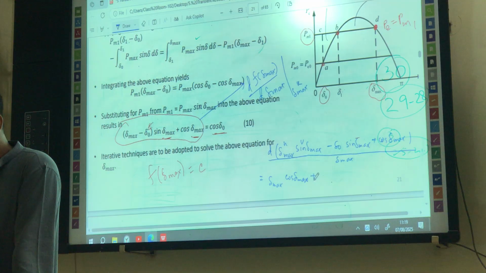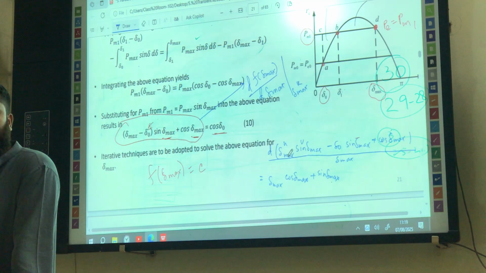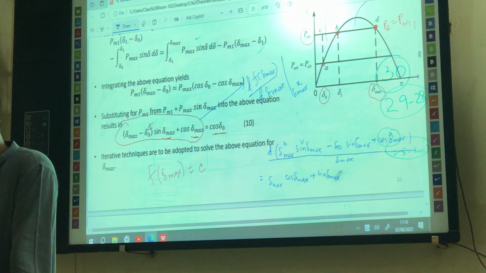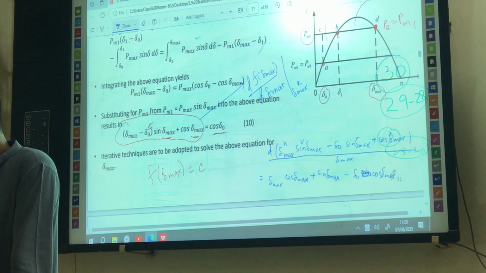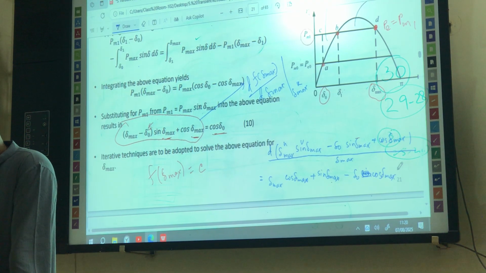Then plus the next term, V is the sine delta max multiplied by the differentiation of this, that will give you 1. Okay, minus delta naught cos delta max, and the differentiation of this will give you minus sine delta max.